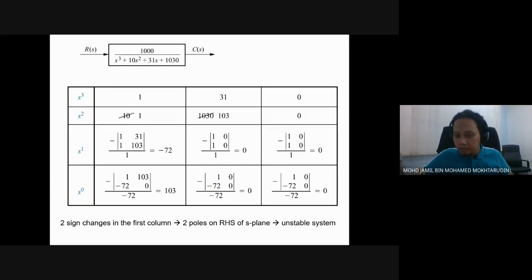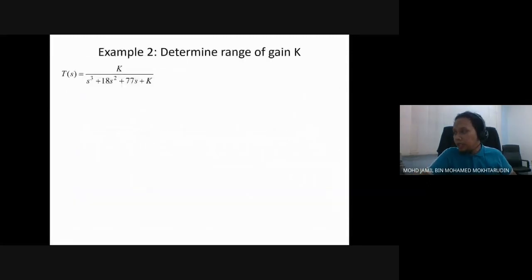Okay, so example number 2, now we have a gain K. Let's say you have a gain K on the transfer function, okay? Whenever you have gain K, sometimes the question asks you to determine the range of K for the system to be stable.